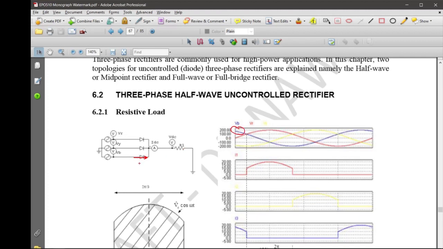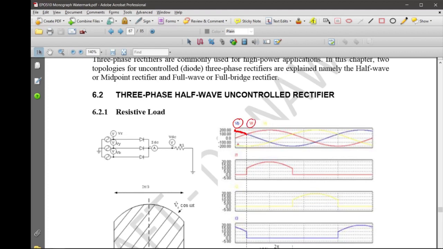So this diode will be on and the rest will be off. So this voltage will actually equal VB. So the output voltage will follow the blue waveform there until the intersection between red and blue.